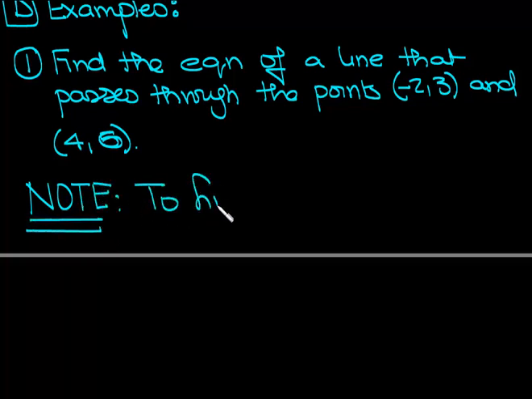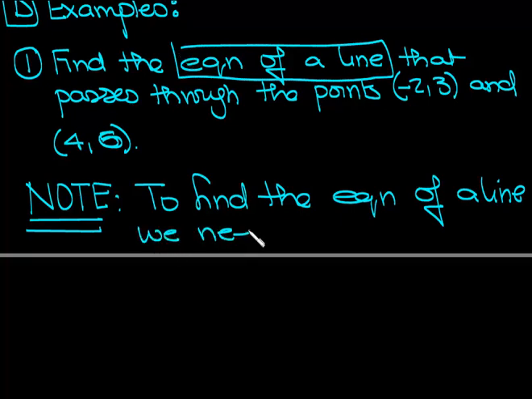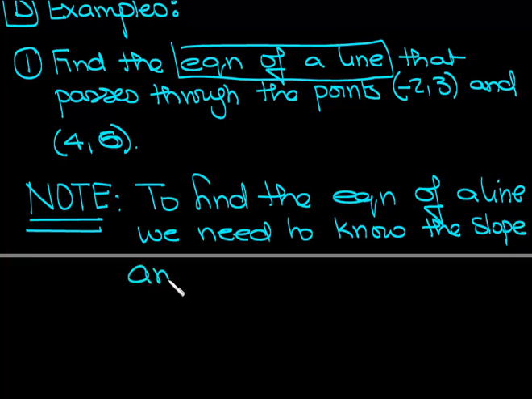To find the equation of a line, because that's what they're looking for, we need to know the slope and a point on the line.